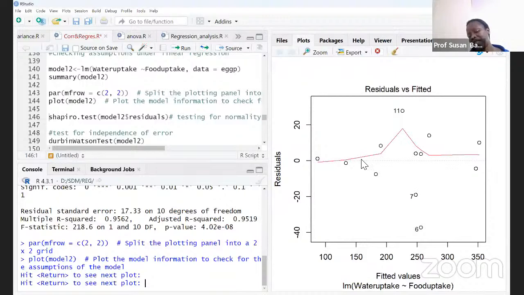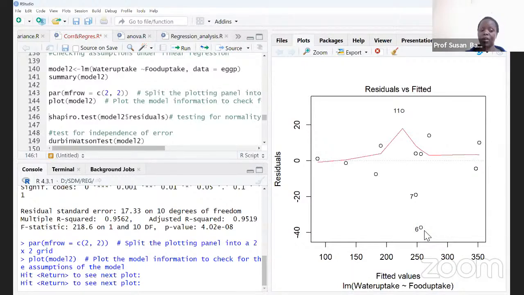You can see that points labeled 11, 7 and 6 show that you might have some values which are outliers. We will see as we go ahead whether that is true. Because we are seeing a random scatter of points, we conclude that the assumption of constant variance is valid. There's no pattern that you're seeing.